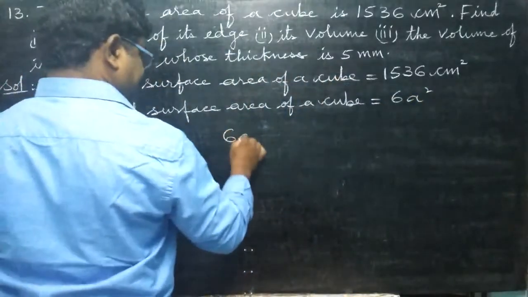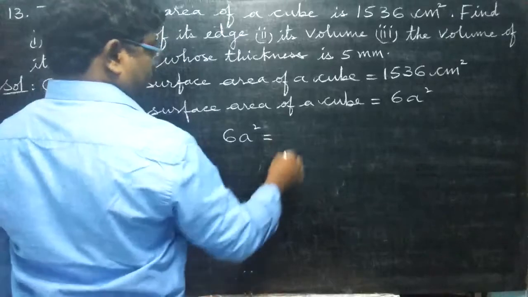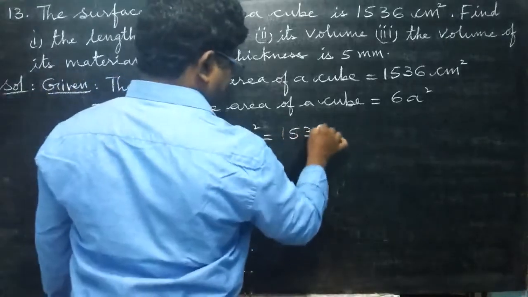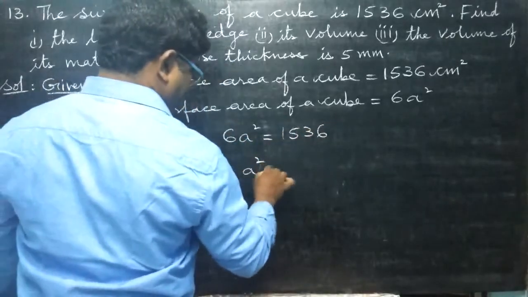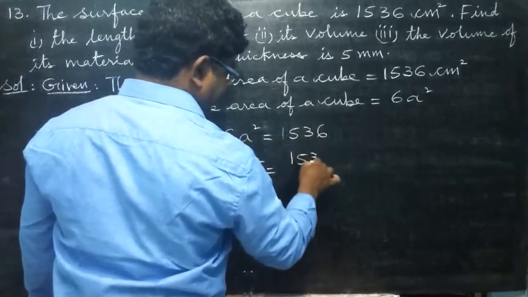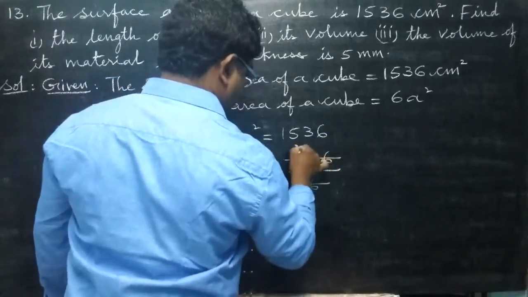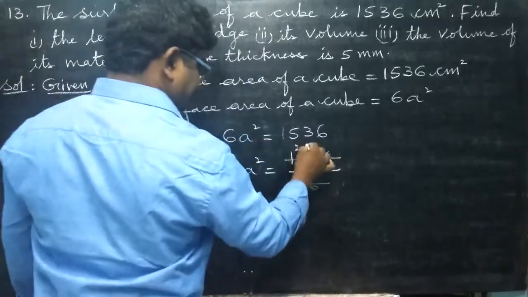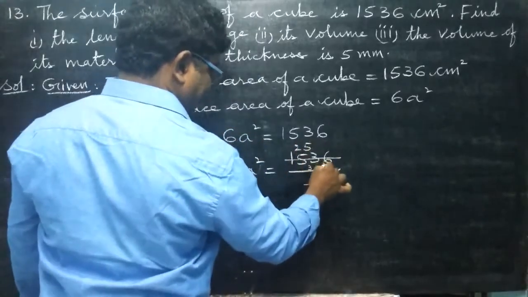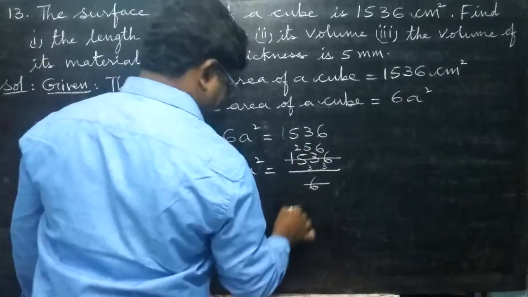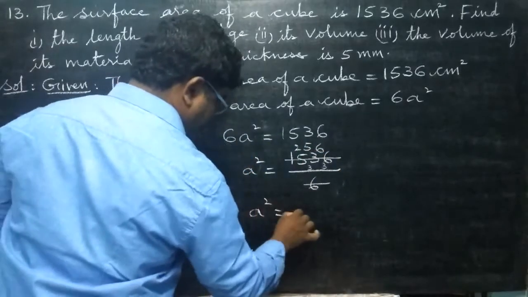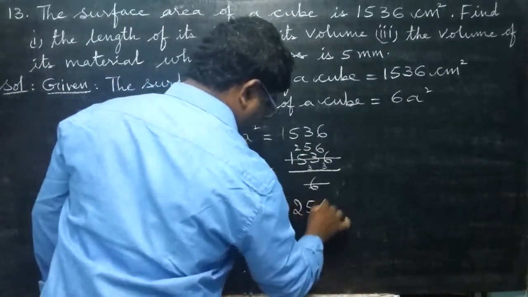Now compare. 6a square is equal to 1536. a square is equal to 1536 by 6. 6 2s are 12, 3 remaining. 6 5s are 30, 3 remaining. 6 6s are 36. So a square is equal to 256.